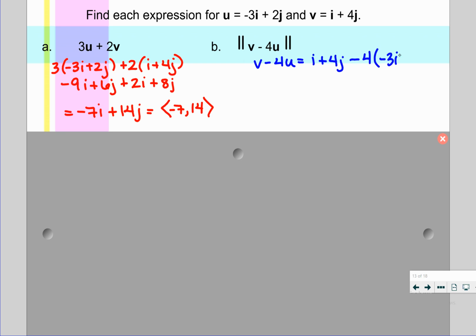So negative 3i plus 2j, just filling in those two vectors for v and u. Distribute my negative 4. So I'll have 12i minus 8j, and then combine my like terms. So I'm going to end up with 13i minus 4j.